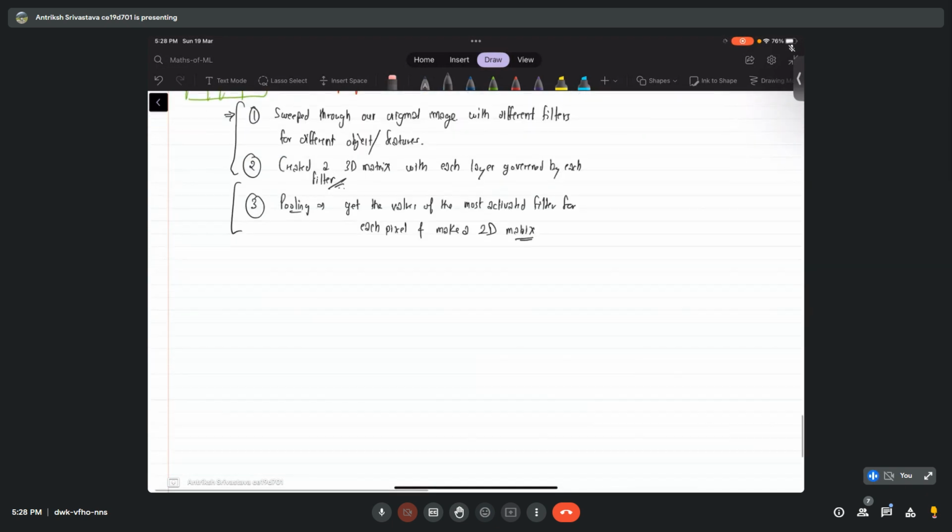Okay, now after pooling is done, we go for the fully connected layer. How do we do that? After pooling, we have only a 2D matrix, that is 4 by 4. What we do is we arrange each of these values into a single array.